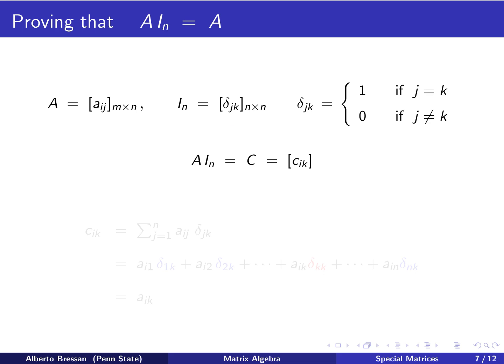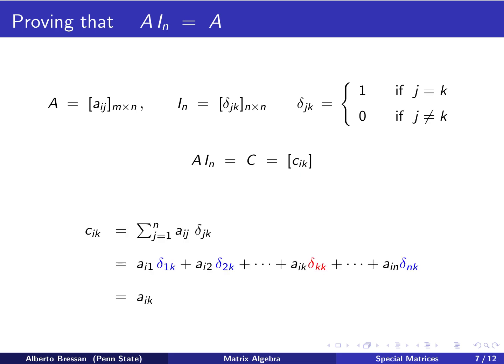And the delta_jk has the property that if j equals k, it's 1. If j doesn't equal k, it's 0. Okay? And then let's say A times I_n, let's call this result C, the product of it, and let's denote the element to be c_ik.